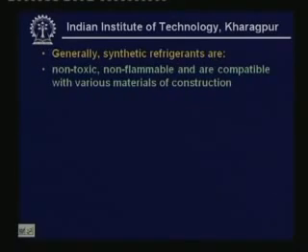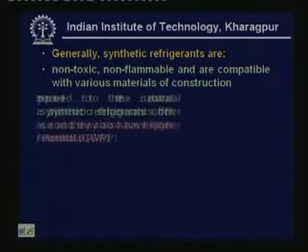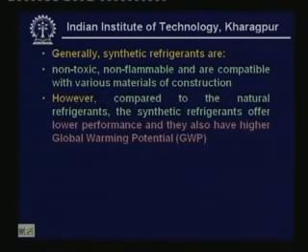Generally, synthetic refrigerants are non-toxic, non-flammable and are compatible with various materials of construction. These are the main advantages of synthetic refrigerants. However, compared to the natural refrigerants, they offer lower performance and higher global warming potential. Normally, you find that their COP values are much lower, that means efficiencies are lower, and the thermophysical properties are also not as good.